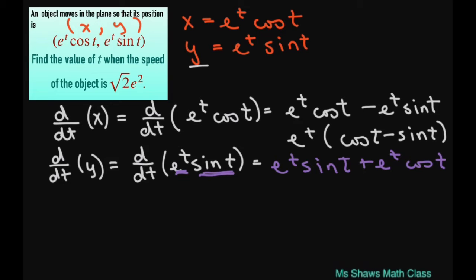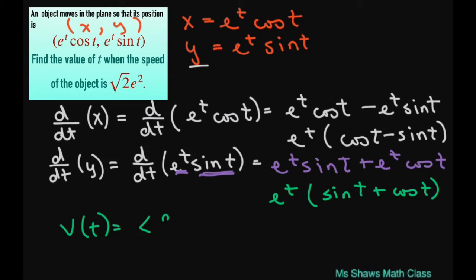Then we do the same thing, factor out e to the power of t, and you're going to get sine of t plus cosine of t.